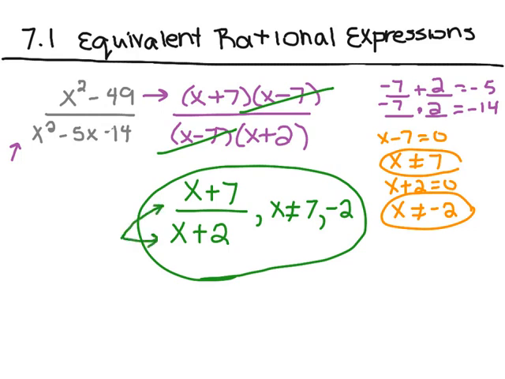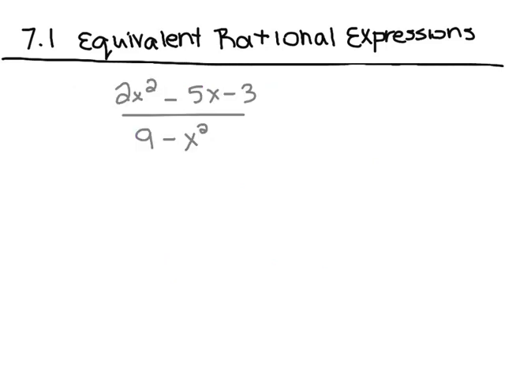For the last example, we're going to factor the top and factor the bottom. So on the top we have two numbers that add up to negative 5 and multiply to get negative 6, and we should use negative 6 and positive 1.